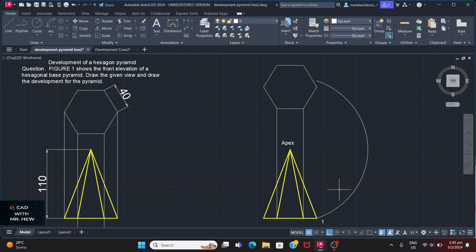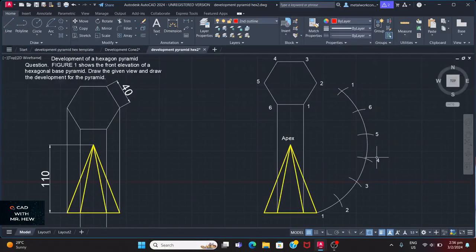The next thing we're going to do, we're going to draw arcs from 1 going around to represent the sides. So we're going to need 6 arcs of radius 40 millimeters. What we did, we drew arcs from 1 and the radius of the arc was 40 and we continued until we had 6 spaces, right?